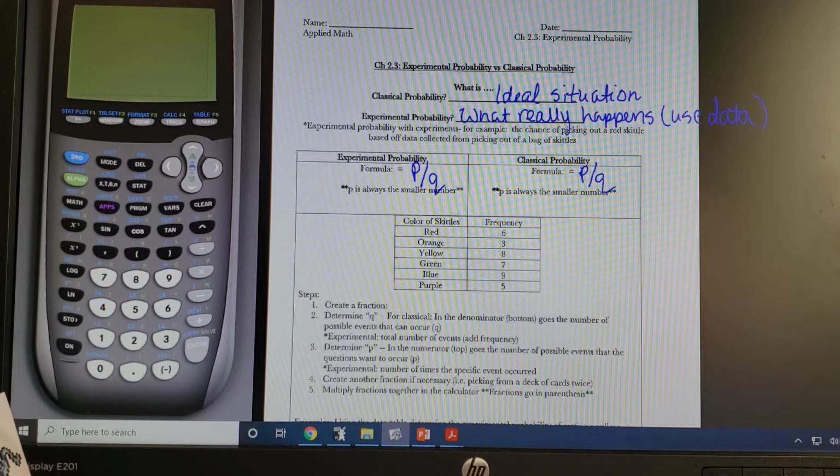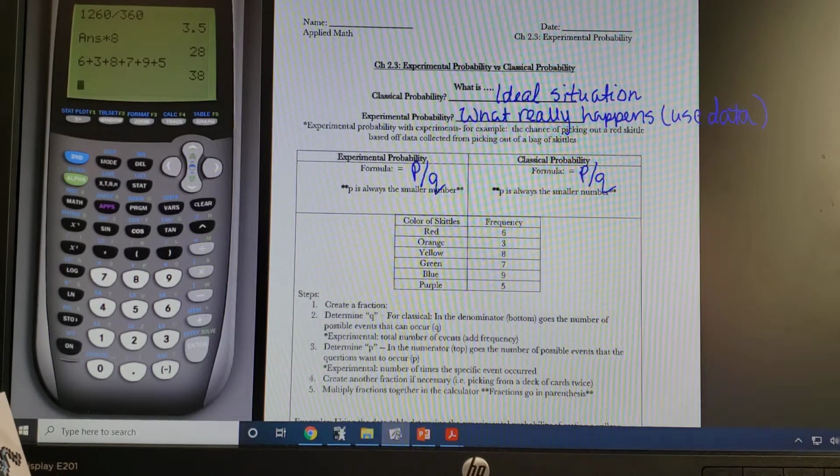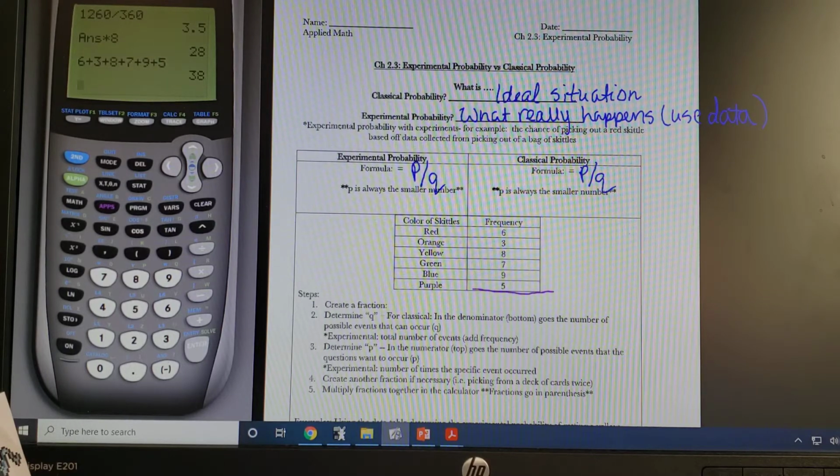And when you picked out of the bag, you picked red 6 times, orange 3 times, yellow 8 times, green 7 times, blue 9 times, and purple 5 times. So let's see what the total is. How many times did you pick out of the bag? So 6 plus 3 plus 8 plus 7 plus 9 plus 5. So when I add those all up, you picked out of the bag 38 times. So that's going to be Q.